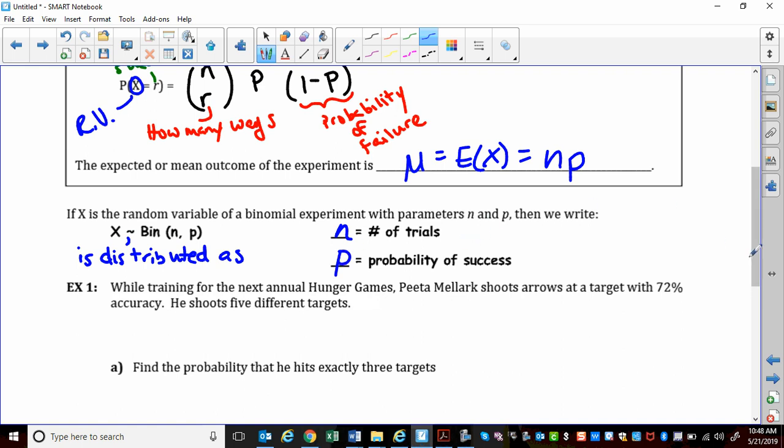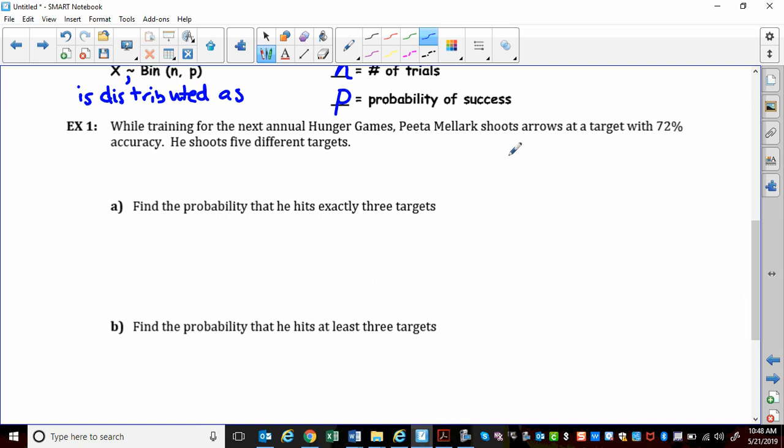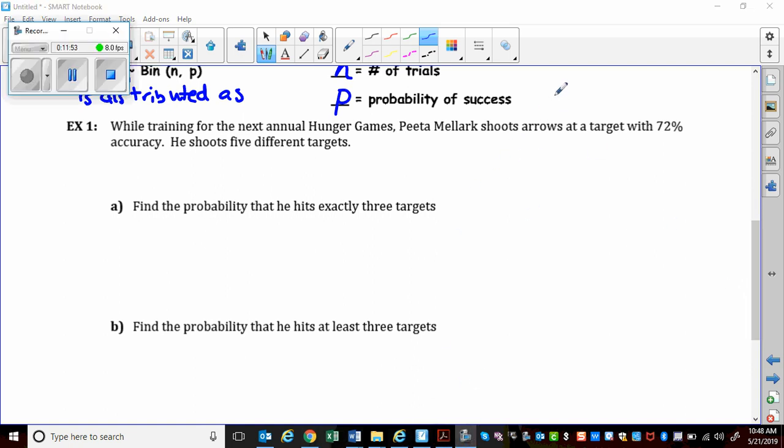Let's try an example. While training for the next annual Hunger Games, PETA shoots arrows at a target with 72% accuracy. He shoots 5 different targets.